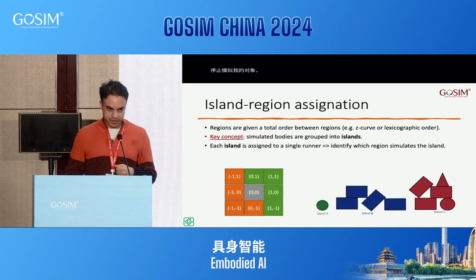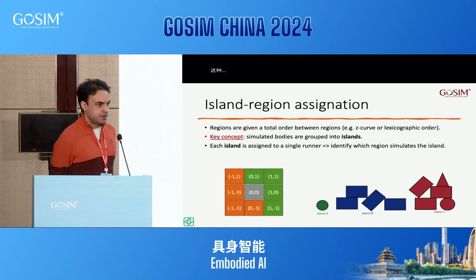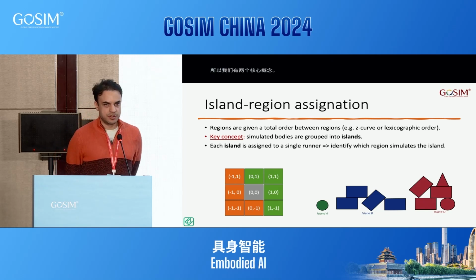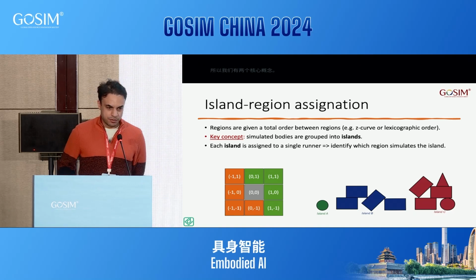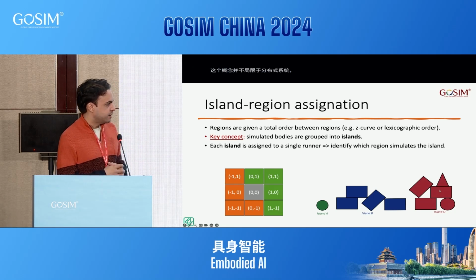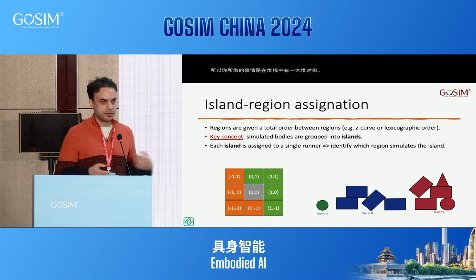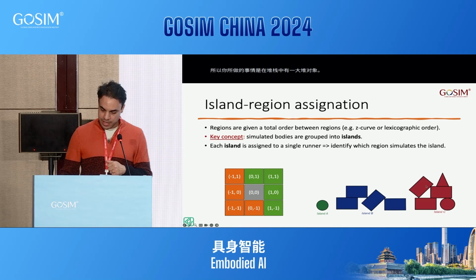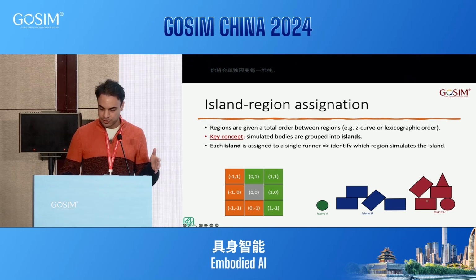So we have two key concepts here. The first one is the concept of island, which is not specific to distributed systems, but is something very common in physics engines. You have a bunch of objects in a stack, and you isolate each individual stack. Why do you want to isolate this? It's because any force applied between two objects in the same stack has a mathematical dependency on every force acting on every object in the rest of the stack.